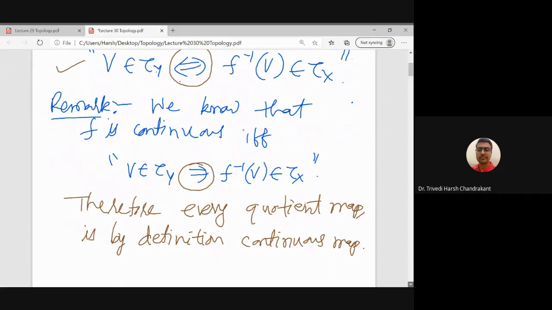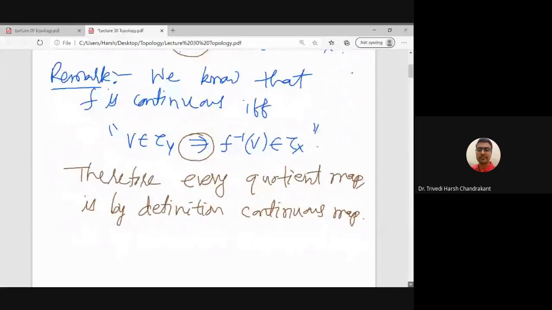Okay, so let us see one or two simple examples.